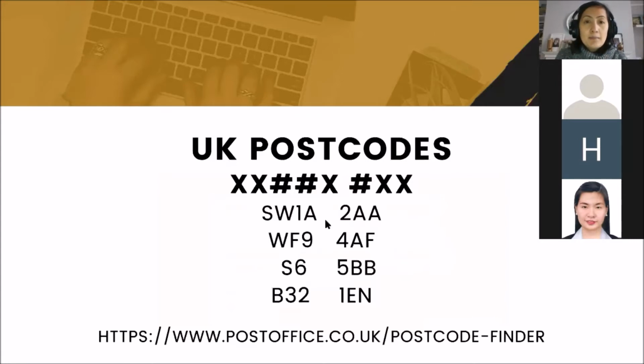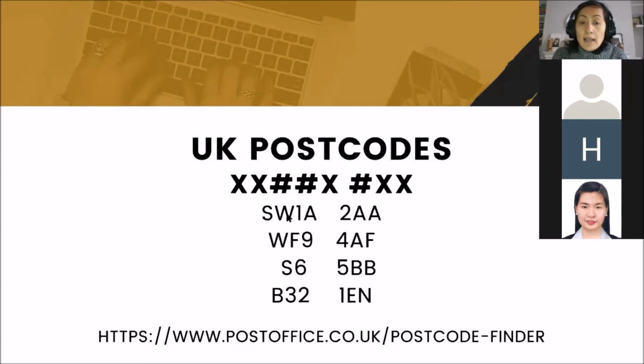SW1A space 2AA, WF9 space 4AF, S6 space 5BB, B32 space 1EN. You don't need to understand what they mean. S, for example, refers to Sheffield, B refers to Birmingham, WF is Wakefield.